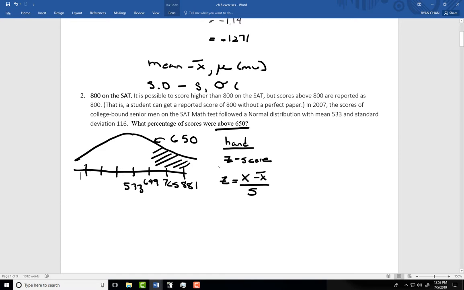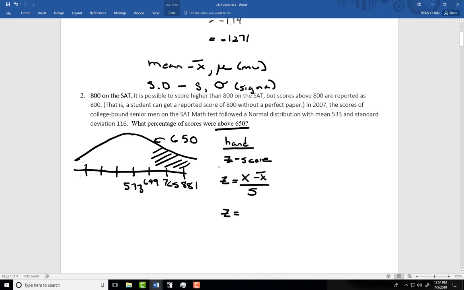You'll see both of these symbols used simultaneously. Once we hit chapter 7, you'll understand why we have two different ones. But for now, both X bar and mu represent mean, and both S and sigma represent standard deviation, okay?